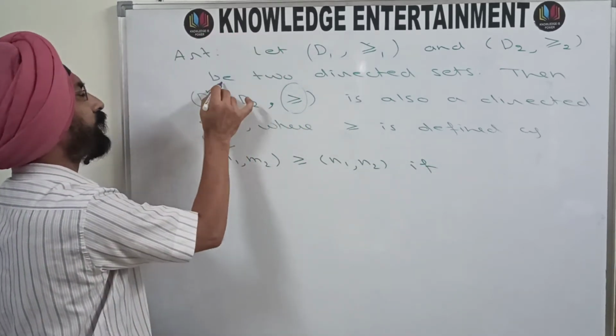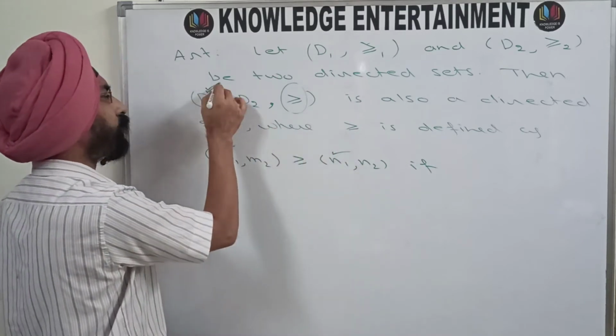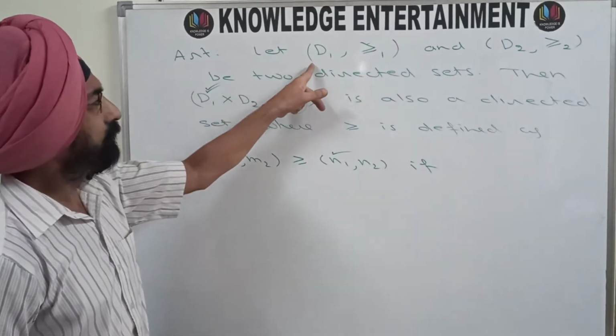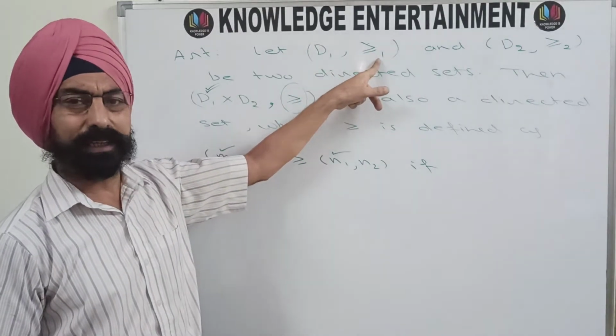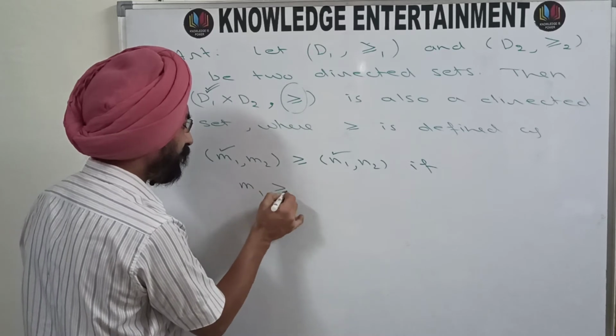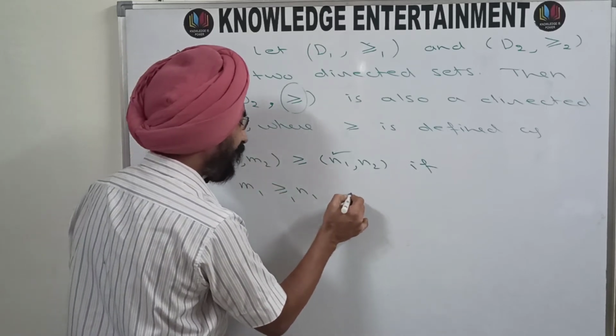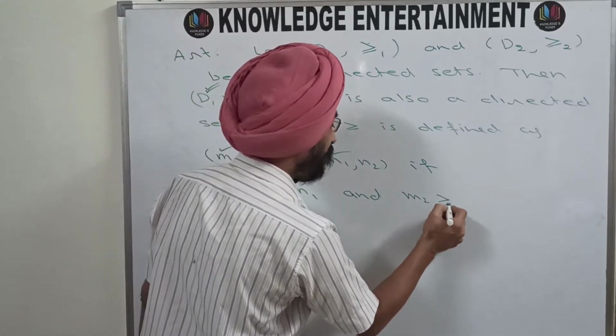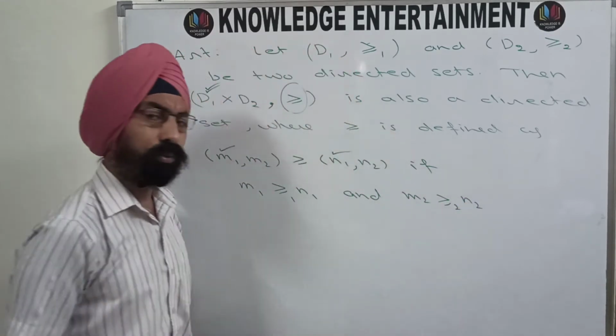M1 is a member of D1, N1 is also a member of D1, so M1 and N1 will have the binary operation of D1, that means M1 is greater than or equal to 1 N1, and similarly M2 is greater than or equal to 2 N2.